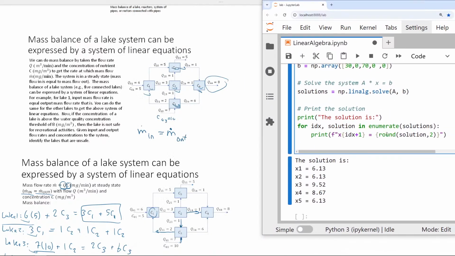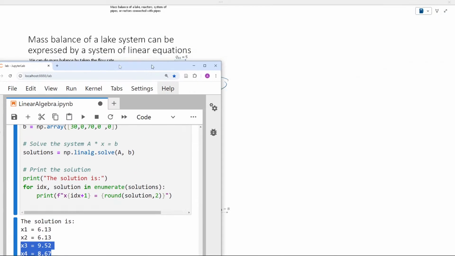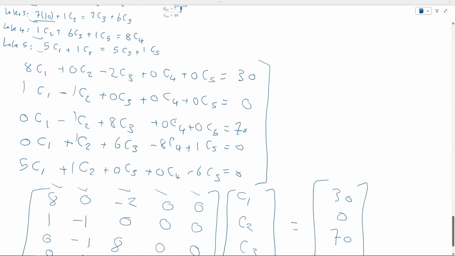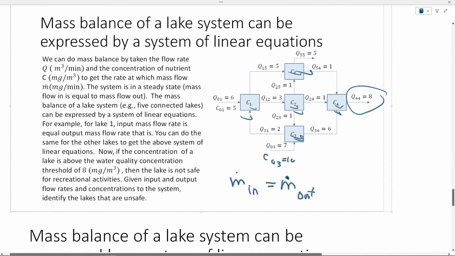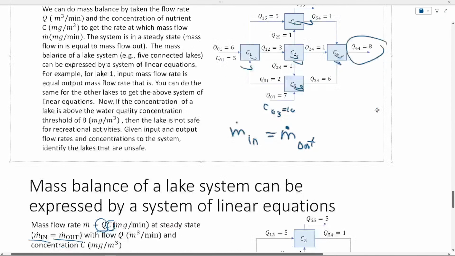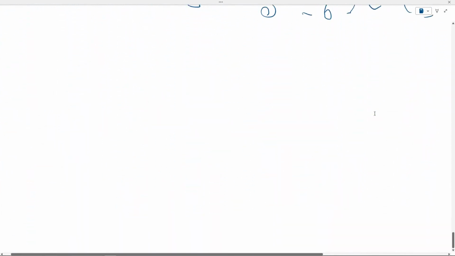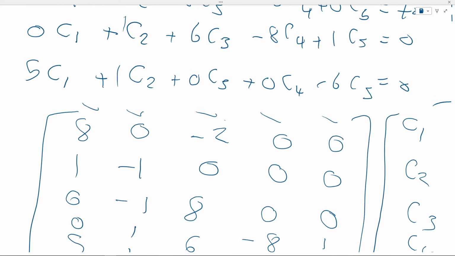So here we have lake 3 and lake 4, they are above this threshold, so these are not safe for recreational activity, for example. Yeah, so that's one conclusion you can make from this study. Yeah, so I think that is all for this lesson.